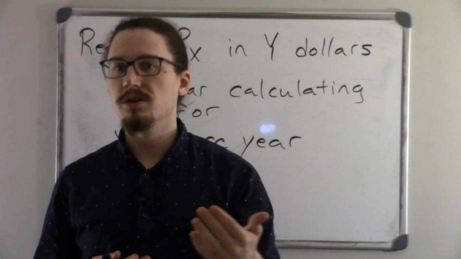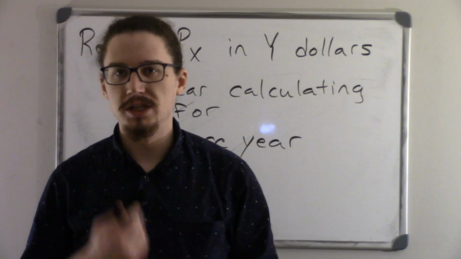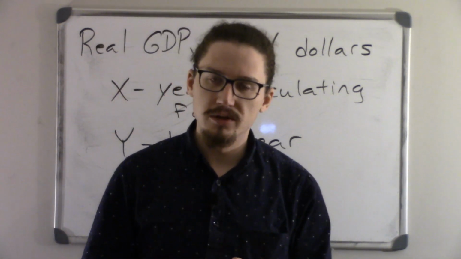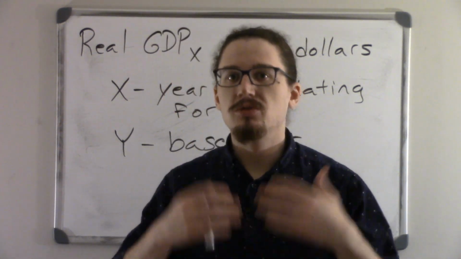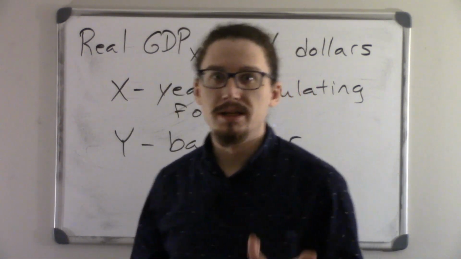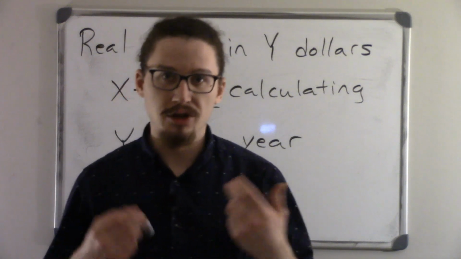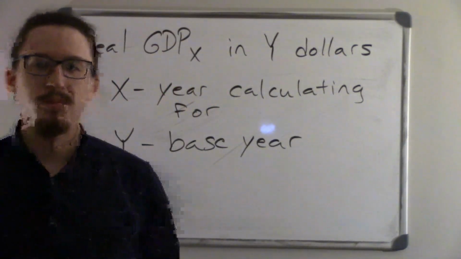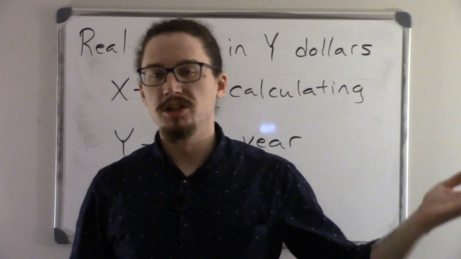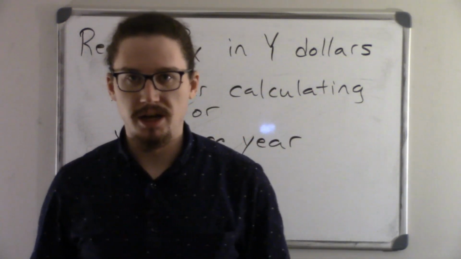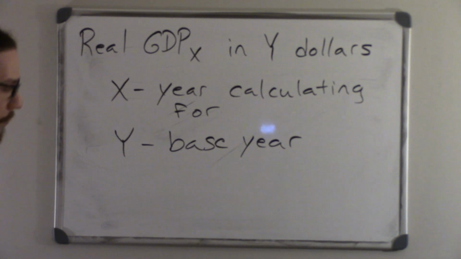That way you can compare it to other real GDP calculations in the same base year and make those comparisons. And so you're really just looking at how much growth you had in productive capacity, and you're not just looking at differences in price. Because the year before this cost $1 less, so now your GDP is much higher.